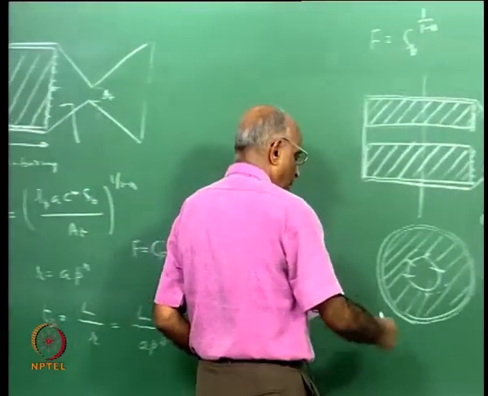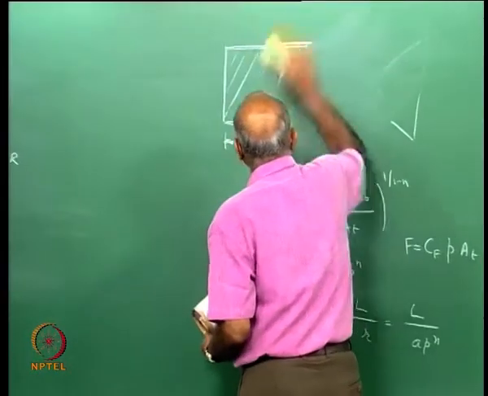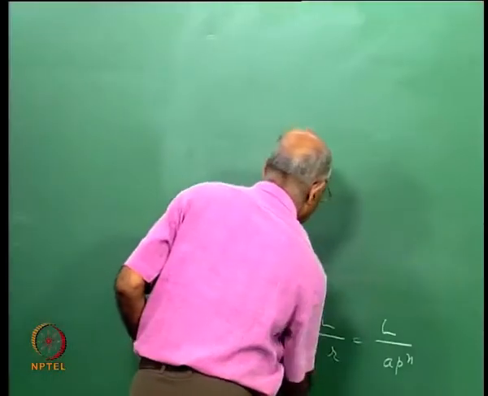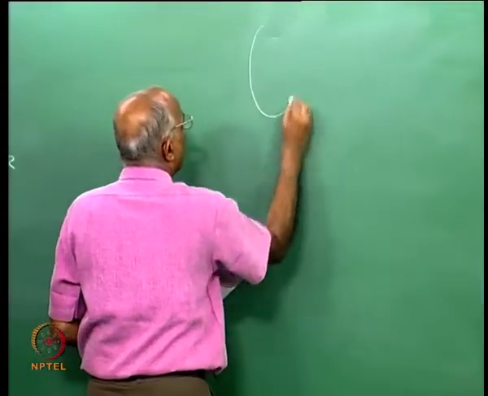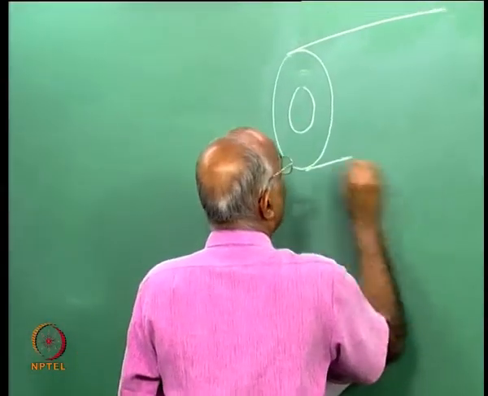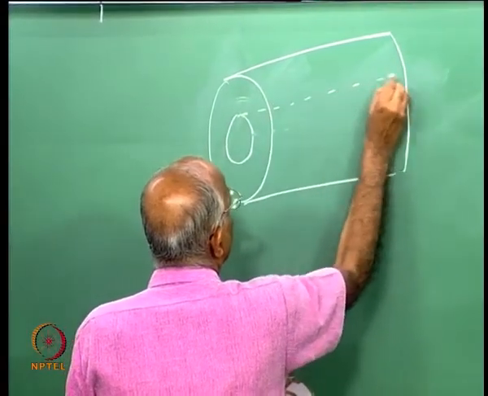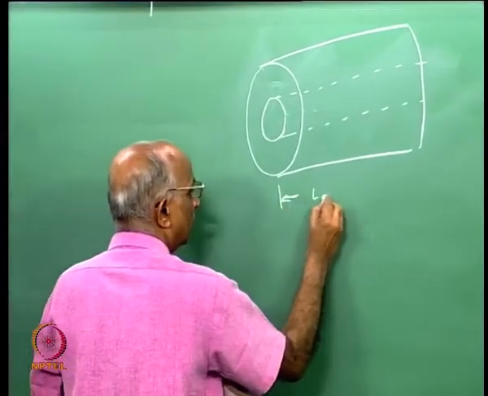I will use this part of the board. What did I have? This is my area. I have the inner area here, the propellant block like this. This is my length.